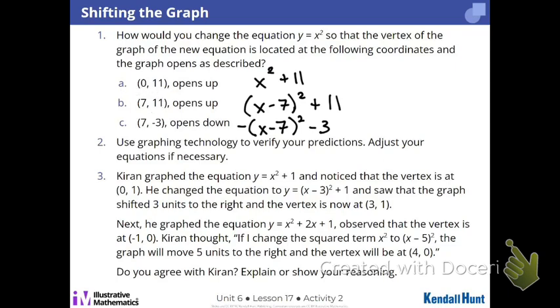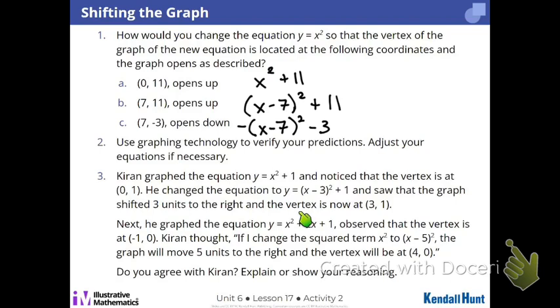Yep. Cool. So here's what we're going to do. Kieran noticed that if I had my base x squared plus 1, we can imagine that is that normal parabola we mess with a lot, just shifted up 1. But to move it to the right 3, he did x minus 3 squared instead of x squared.